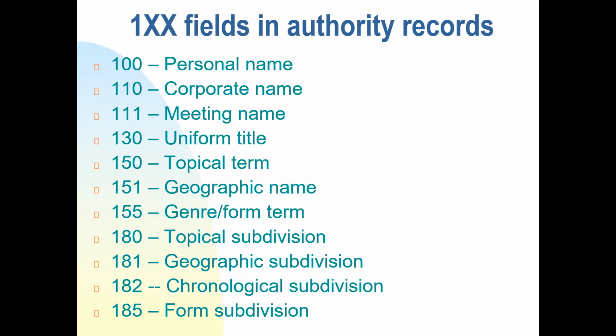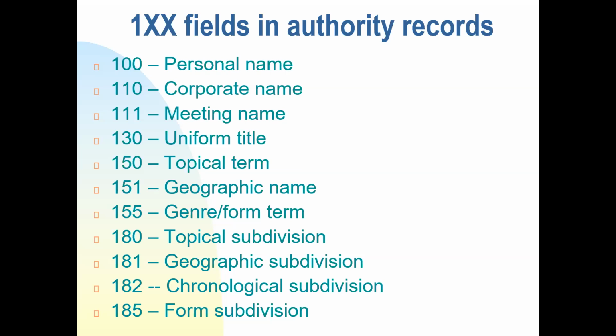The 180 is a topical subdivision. The 181 is a geographic subdivision. The 182 is a chronological subdivision or a time frame. And the 185 is a form subdivision.